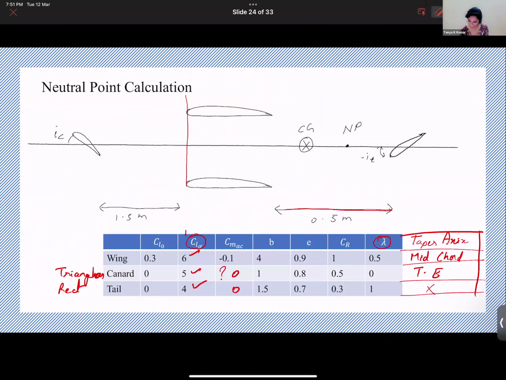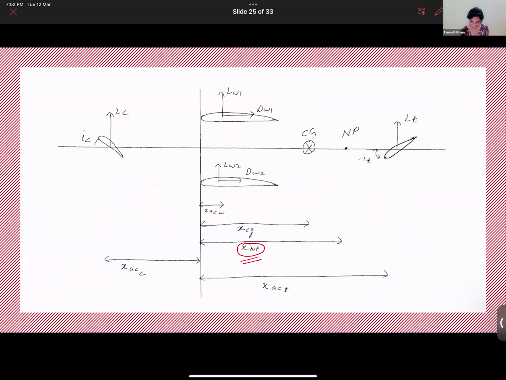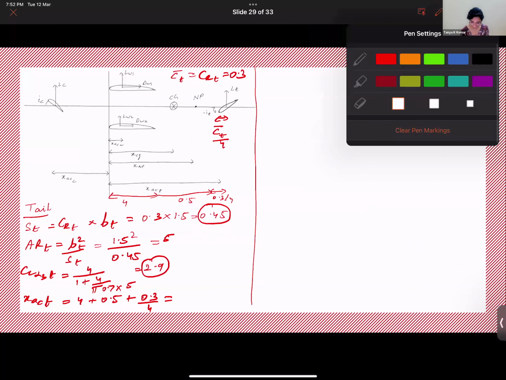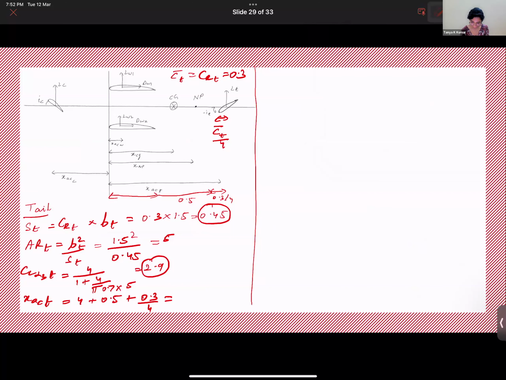You can take it to be the root chord, okay? So this distance, the root chord, is 1. Sorry about that, it's 1. Okay, is this clear?